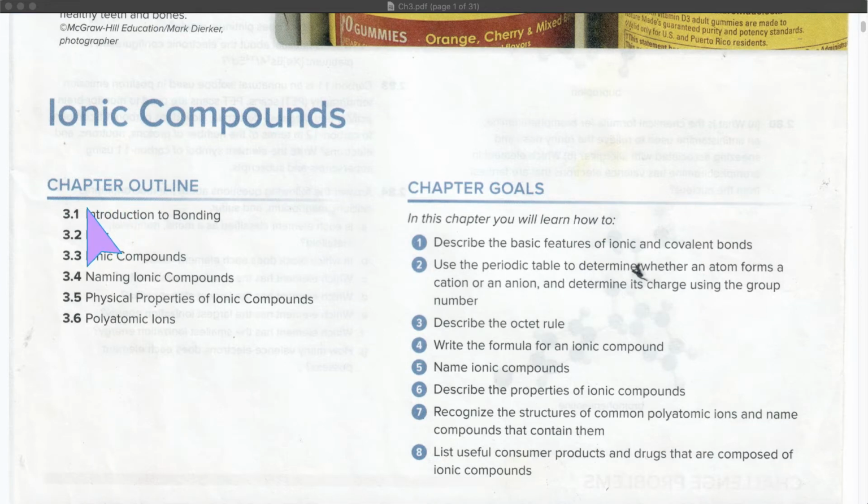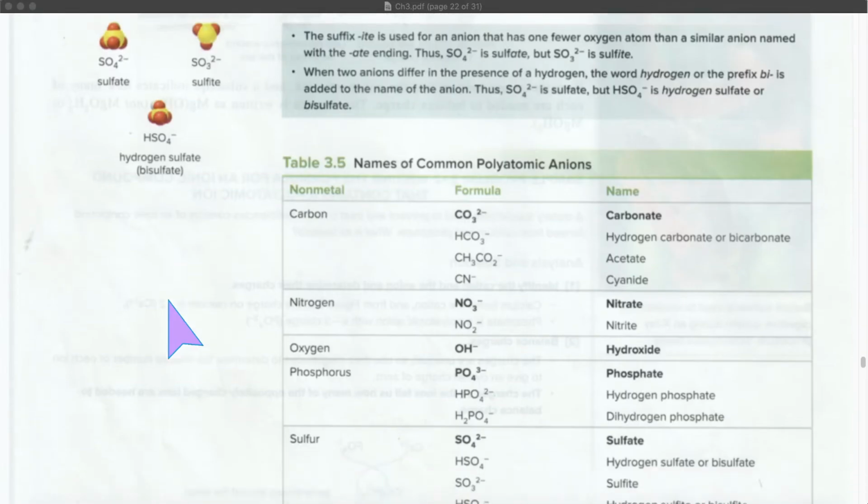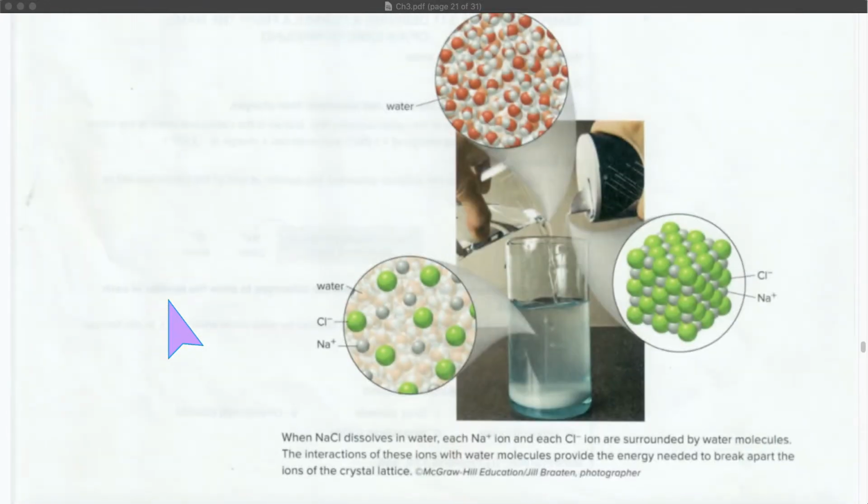So section 3.1, 3.2, 3.3. The one place I actually found information that discussed whether or not it dissolves in water is in 3.5. So you go to 3.5, and let's go back. I think I was already there. 3.5. No, not naming them. Go before that.